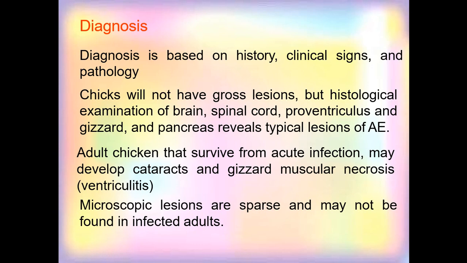Chickens that survive the infection at an early age may develop cataracts and muscular necrosis in later age. The microscopic lesion is not so obvious, in particular in infected adults.